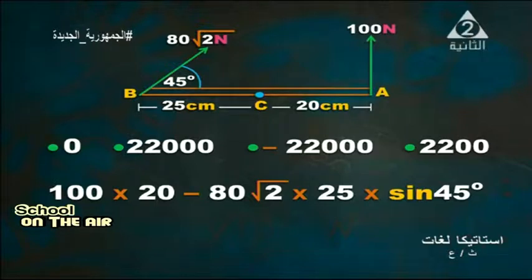Why sine 45? Because the perpendicular distance from the force 80 root 2 to the point C is 25 sine 45. Why? Because the perpendicular is the opposite side, so it equals sine 45. Therefore, the answer is 0.